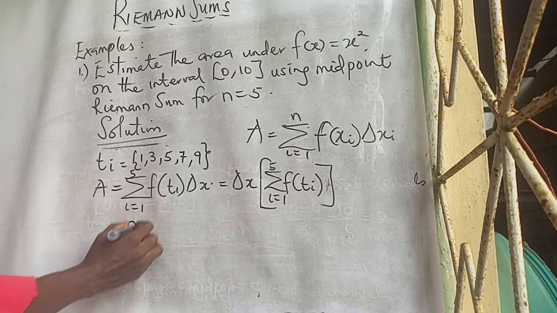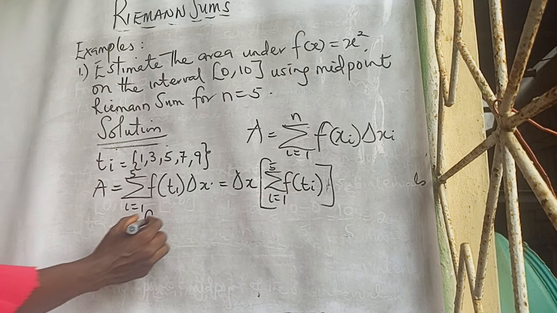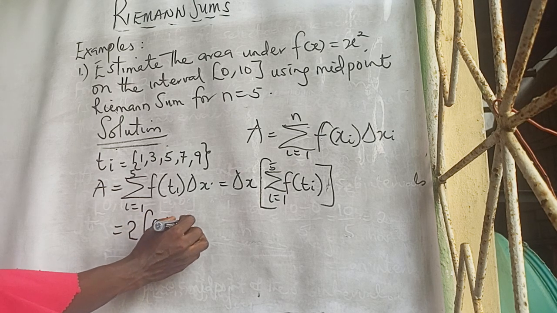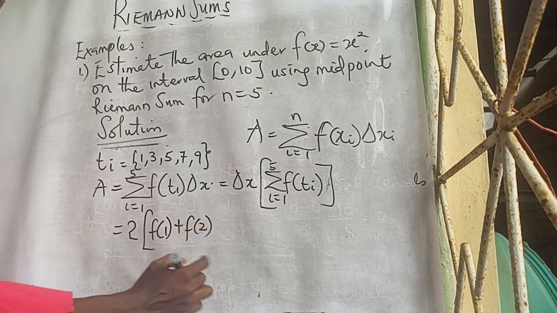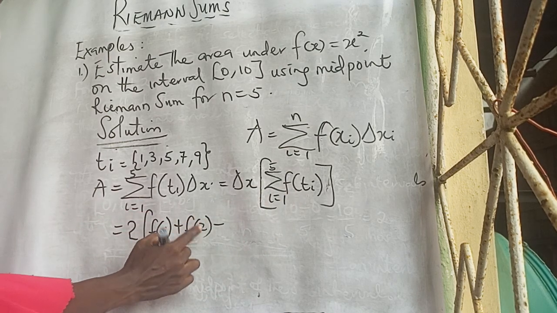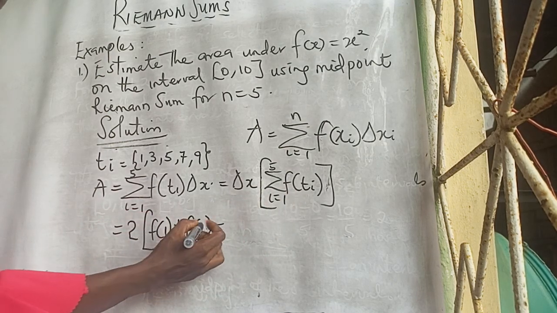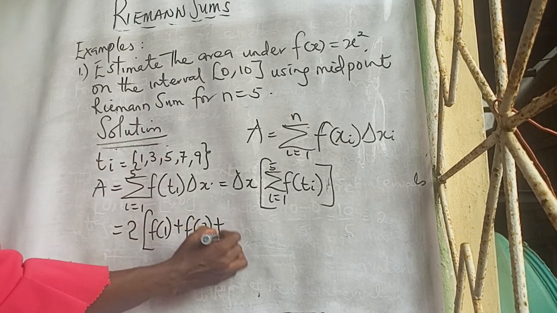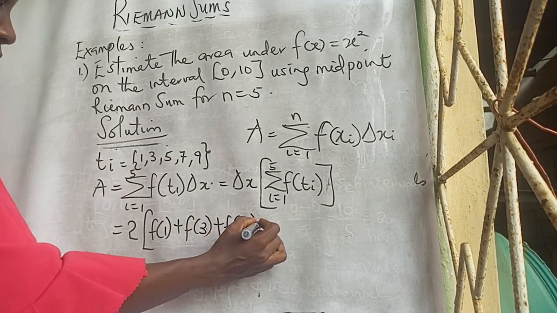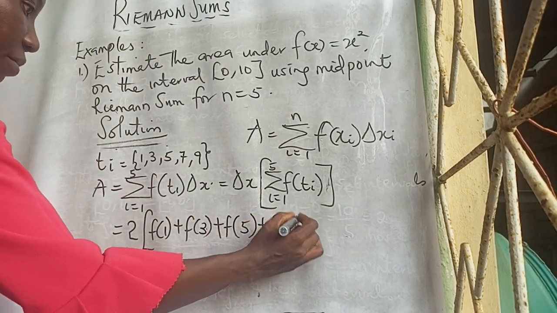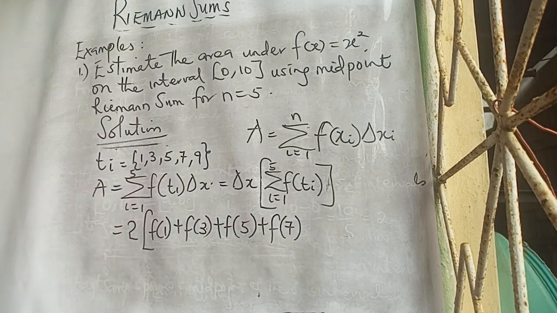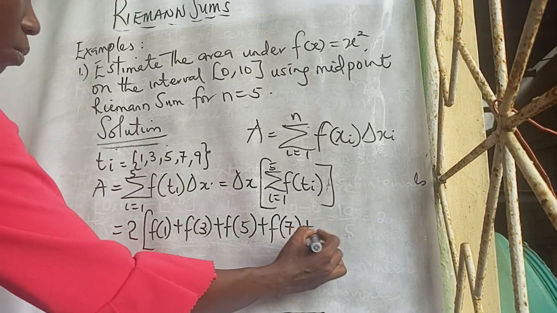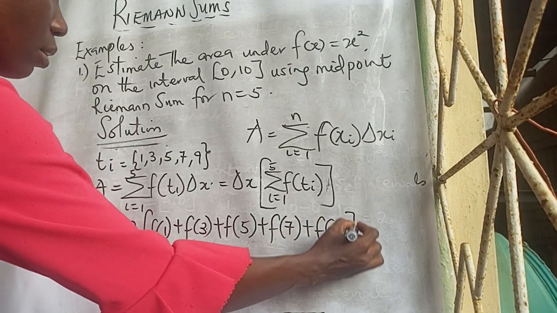As 2 into f of 1 plus f of 3 plus f of 5 plus f of 7 plus f of 9.